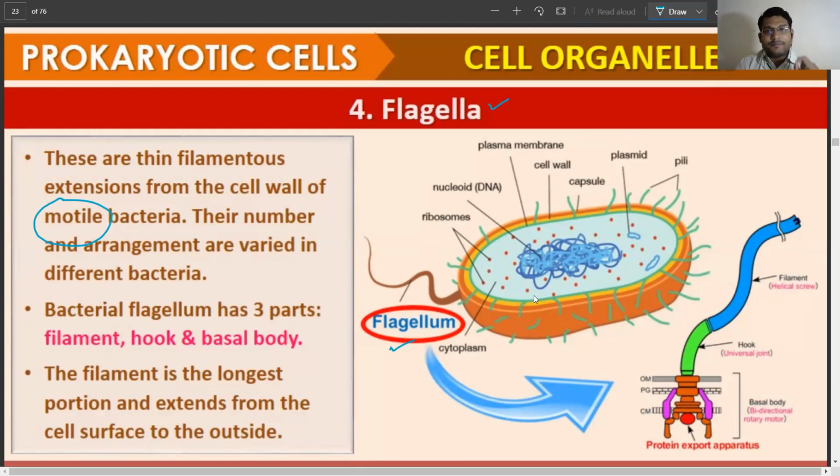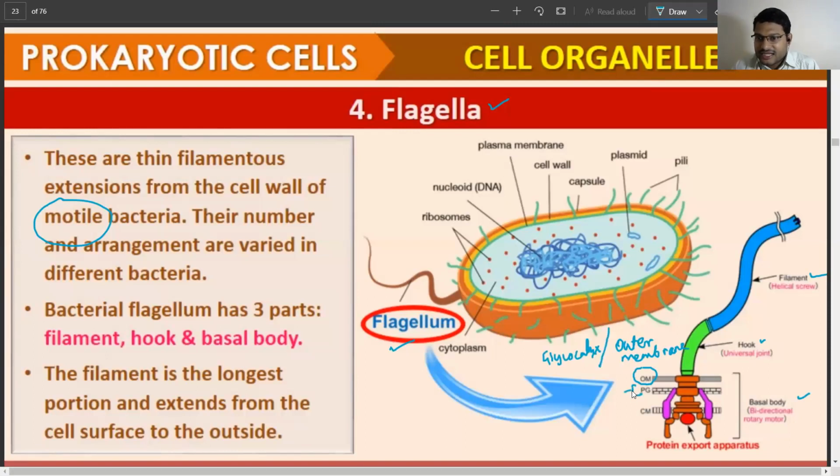But mainly there are three parts: the outermost, longest part called the filament, then the next structure called the hook, and a basal structure called the basal body. Now, if you see here, this OM refers to the outer membrane, and this outer membrane is nothing but the glycocalyx, or the outer membrane.